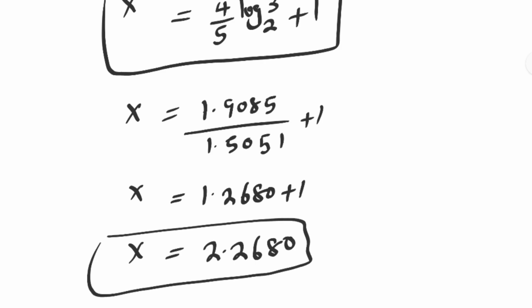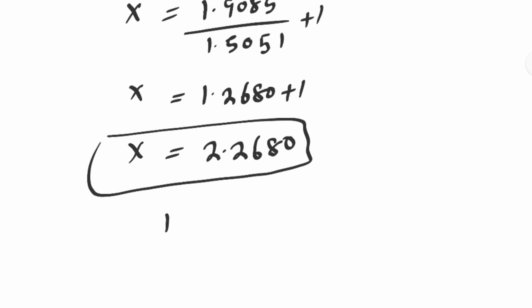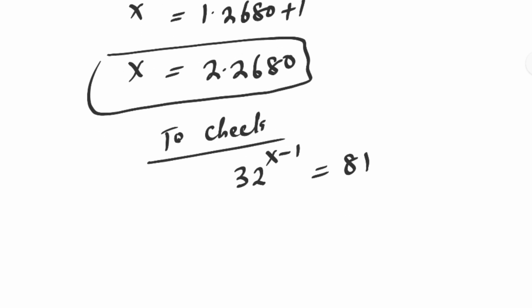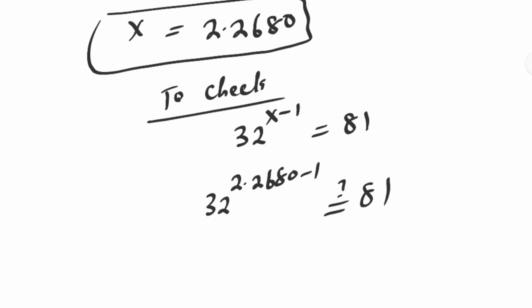We may check to confirm if this answer is right or wrong. Let's check. To check, we have the given equation 32 raised to power x minus 1 is equal to 81. And this is 32 raised to power 2.2680 minus 1 must be equal to 81.